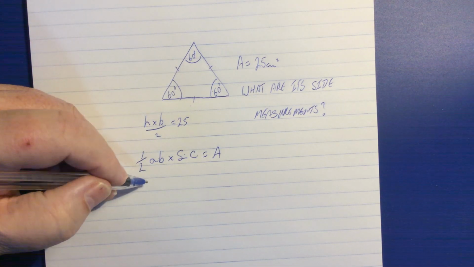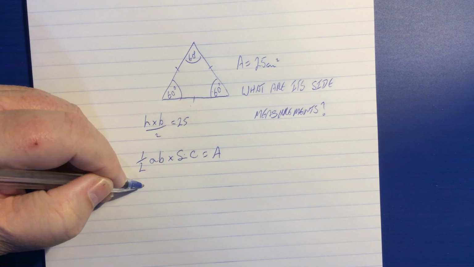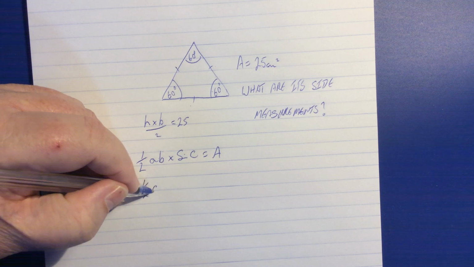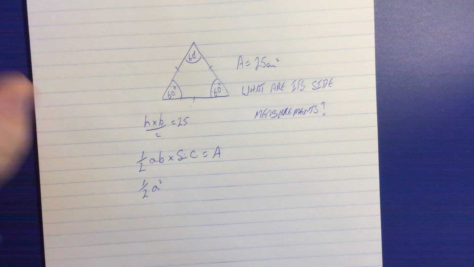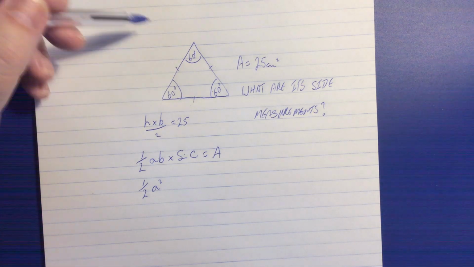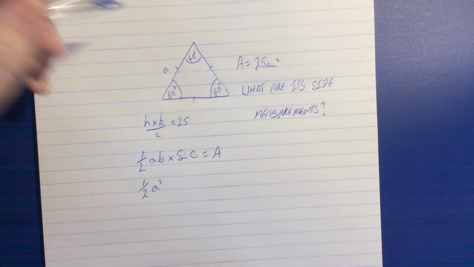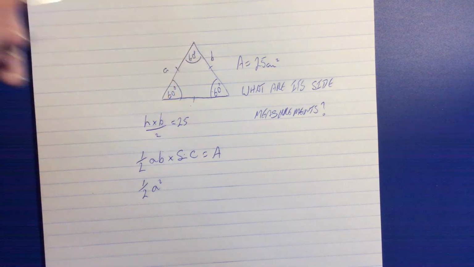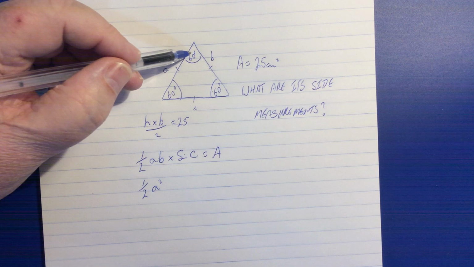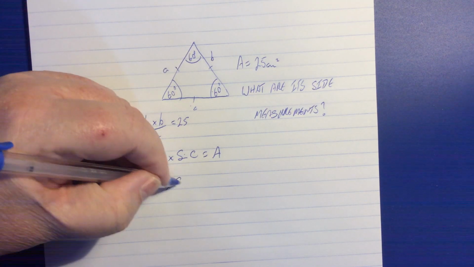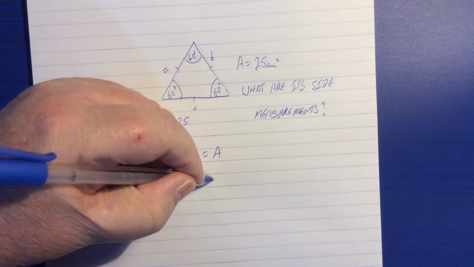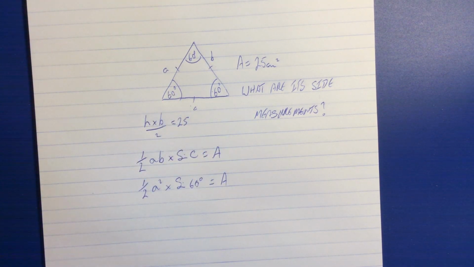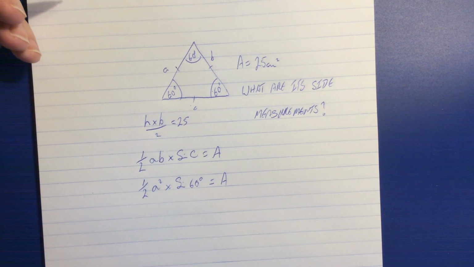So if we tidy this up, we get half A squared, because A is equal to B, so we can just square A. It doesn't matter which one of these sides we call A, we'll call that A. That means that that's angle A, this is side B, this is side C, so that is angle C, times the sine of 60 degrees, and that is going to equal our area. Okay, well, we know what our area is.